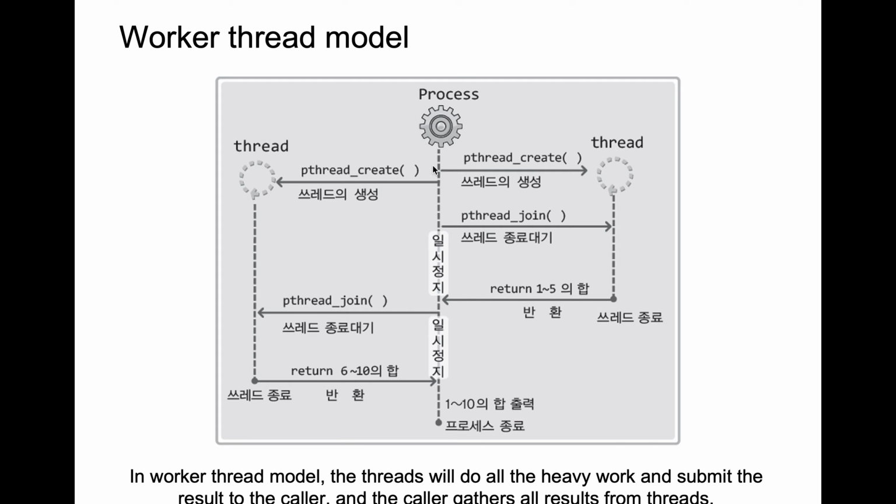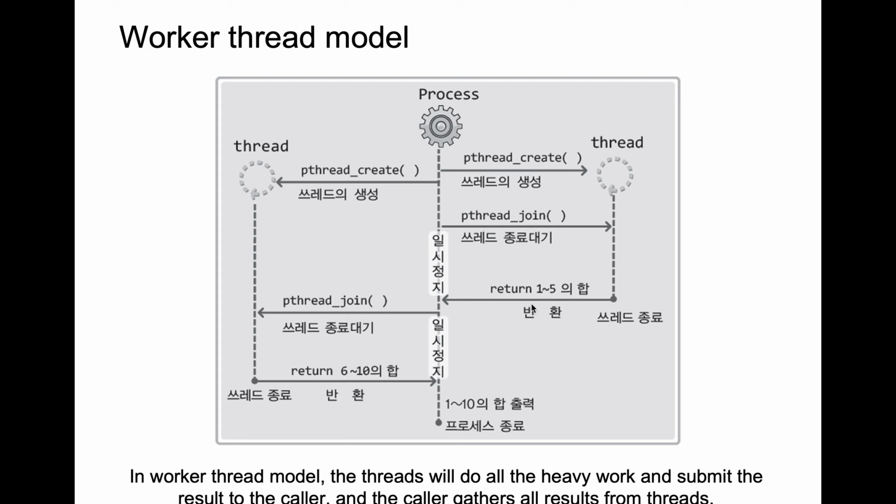And this example is actually an example of summing up values between 1 and 5 with one thread, and summing up the values from 6 to 10 on another thread. That's just simply the sum of all numbers from 1 to 10, being split into 2 parts, like divide and conquer.